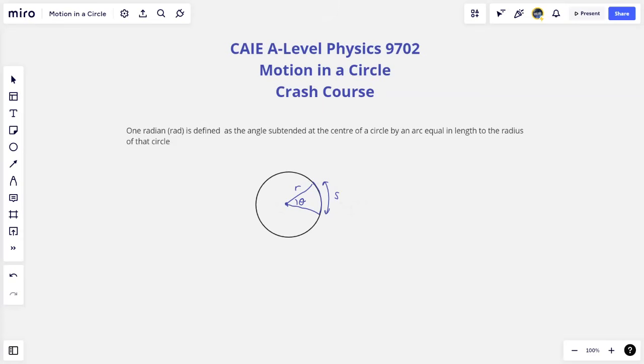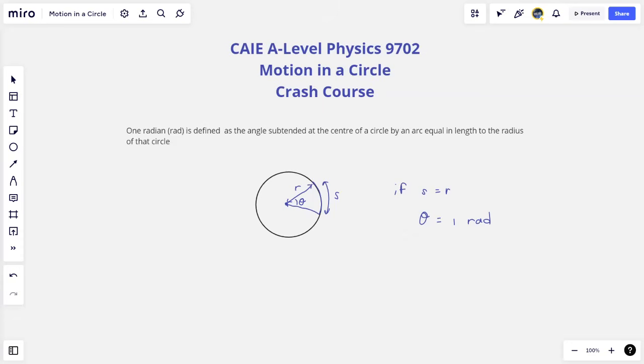And so what this definition says is that if the arc length is equal to the radius of the circle, if these two distances along the circumference of the circle and the radius are equal, then this angle is equal to 1 radian, or the symbol for radians is rad. And so that's a definition of an angle theta. That's what a radian is.